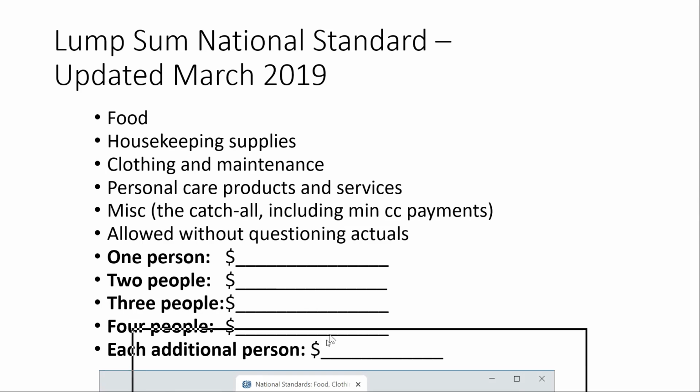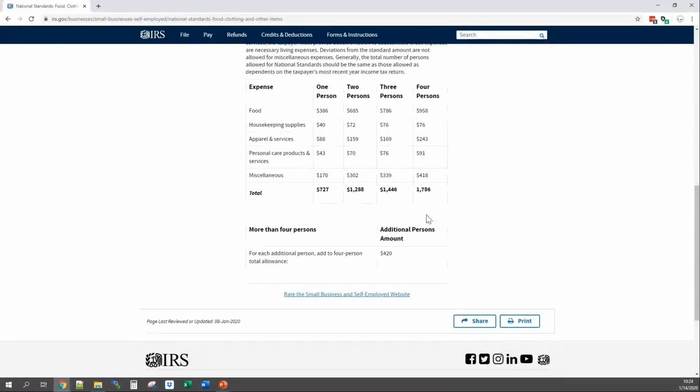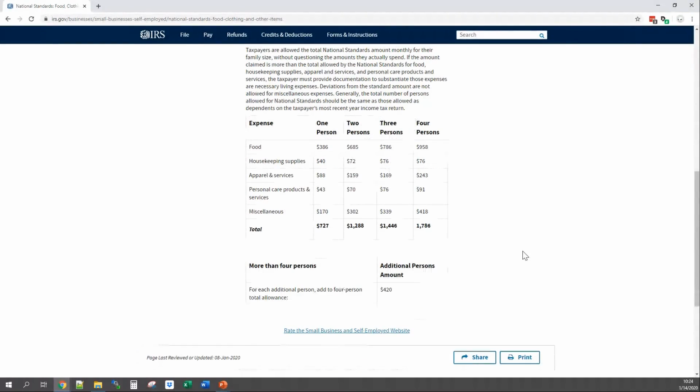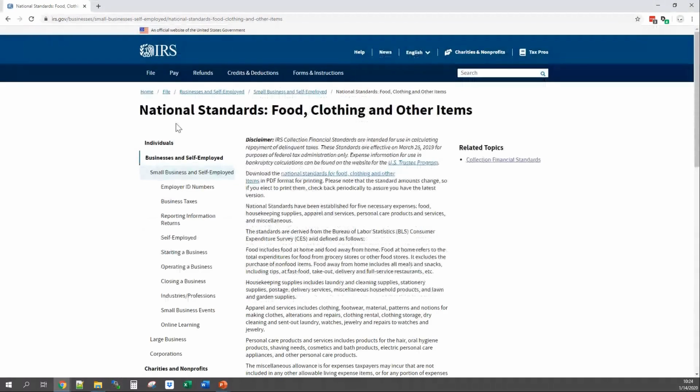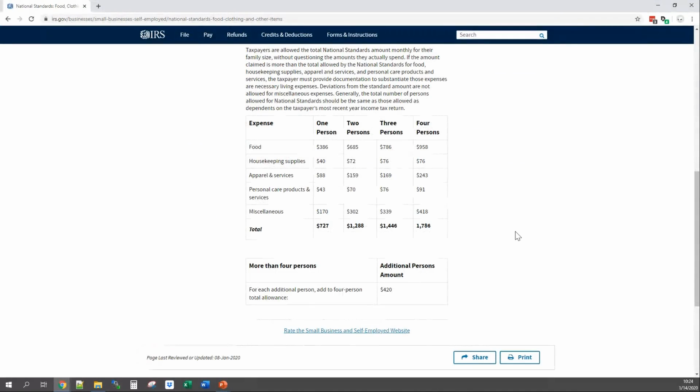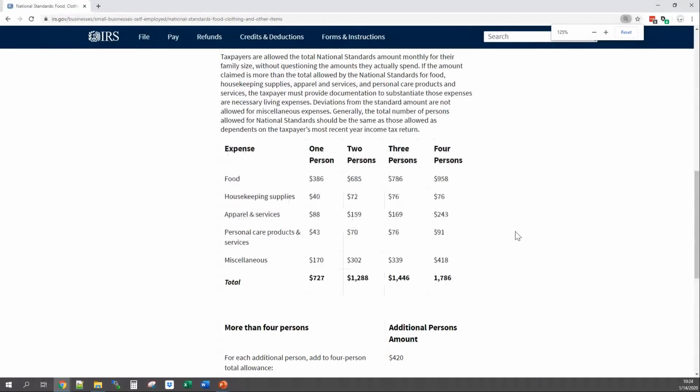So what is the number? Well, if you go to the IRS website and you look at the national standards, this is what you will find for the food, clothing, and miscellaneous standard. For one person, it is $727 per month.